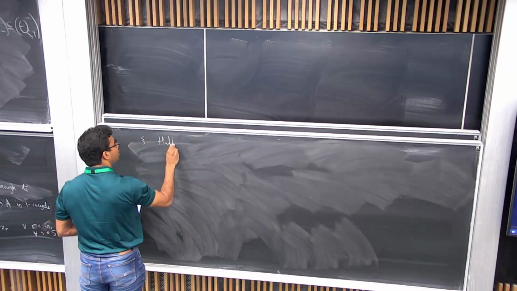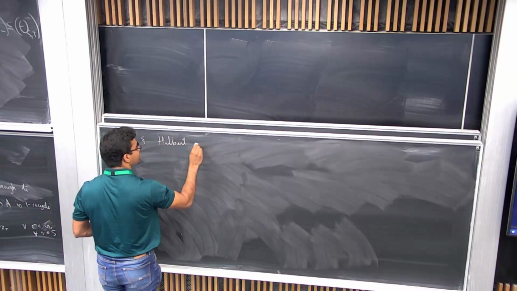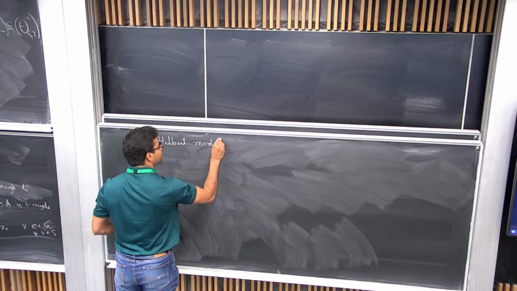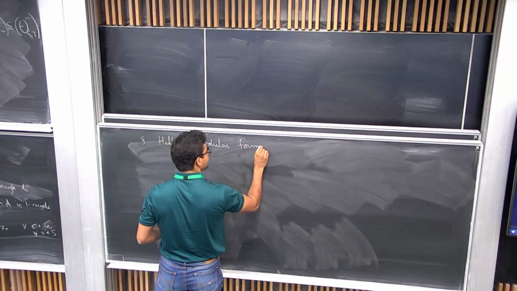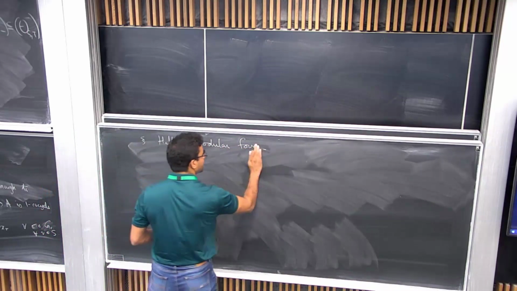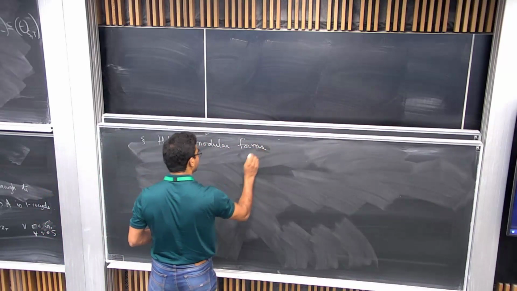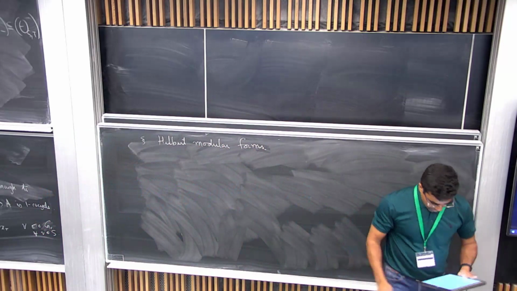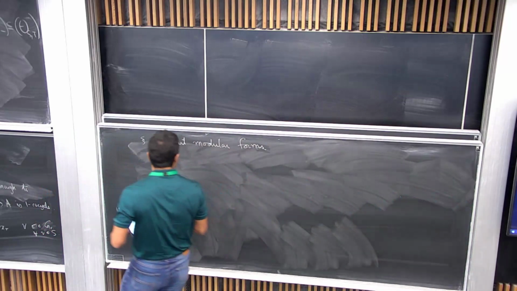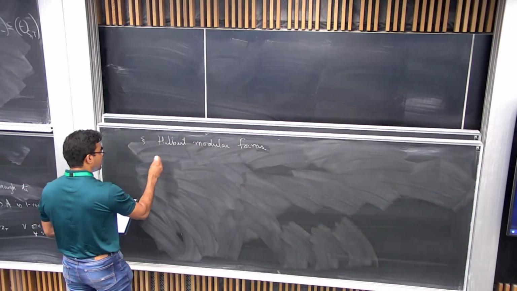I'll not introduce the notation for modular forms. I'll just tell you the modular forms, the Eisenstein series, that we are using. It should be more or less familiar.